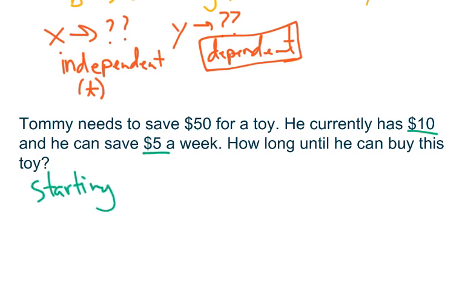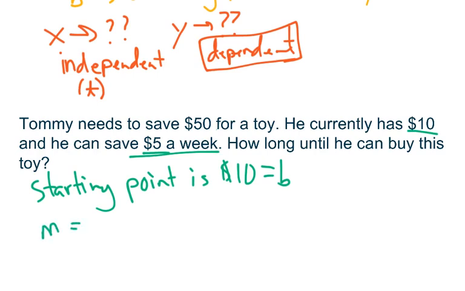So our starting point is $10, which means that's what is equal to B. He can save $5 a week. That sounds like a constant rate. And anything that's a constant rate is going to be our slope. So M is going to equal 5. So we have $10 for our starting point, and then we have 5 for our slope.